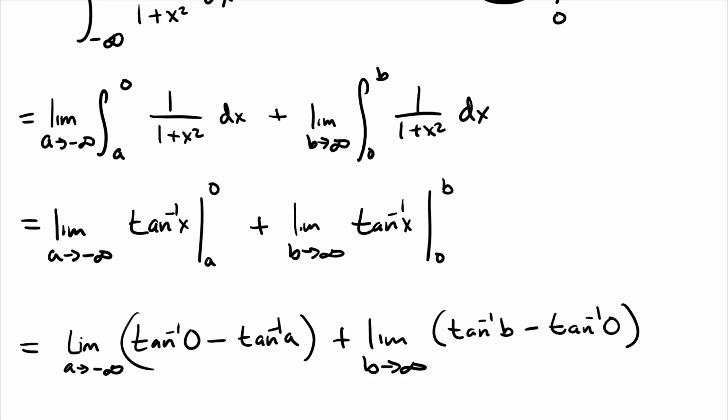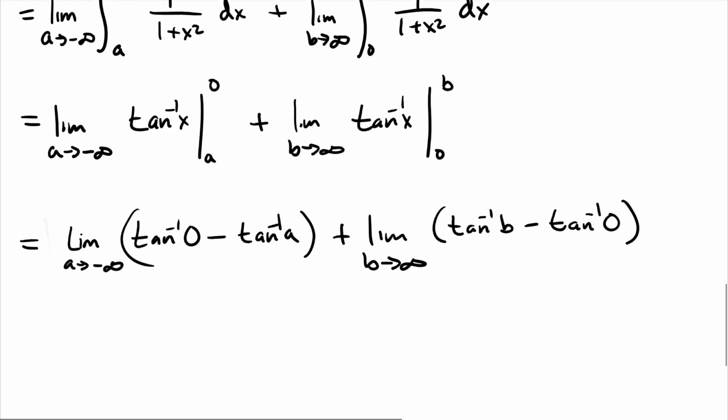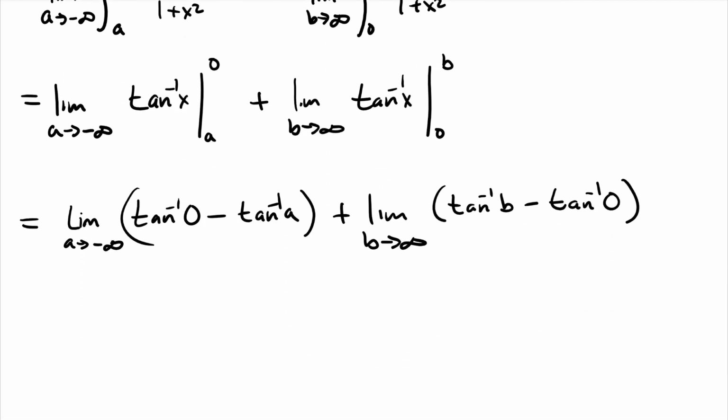Fortunately, inverse tangent of 0 is just 0. Good thing we didn't choose something like 4. We wanted to choose something simple. So this is just 0, and that's just 0.